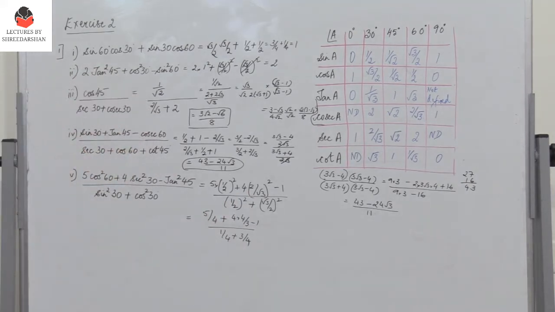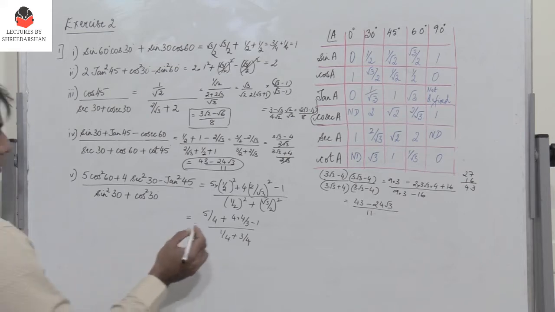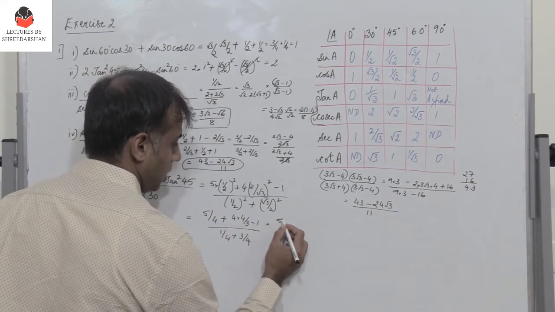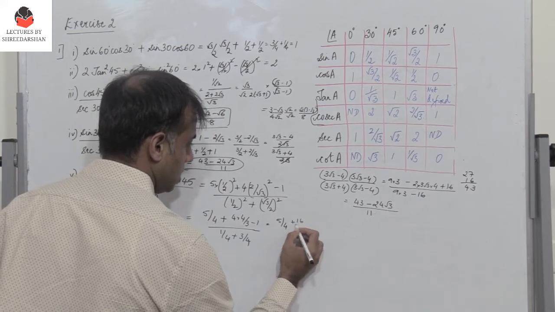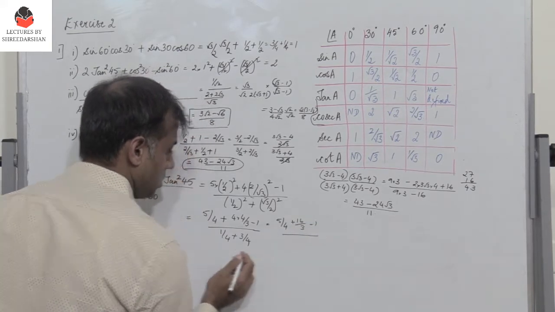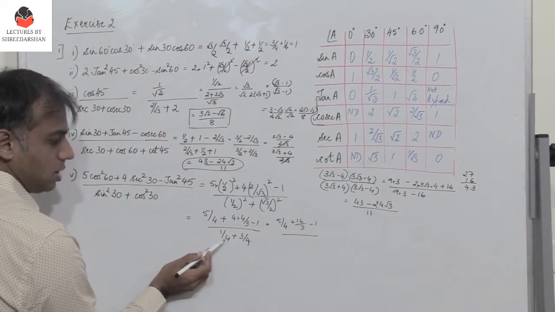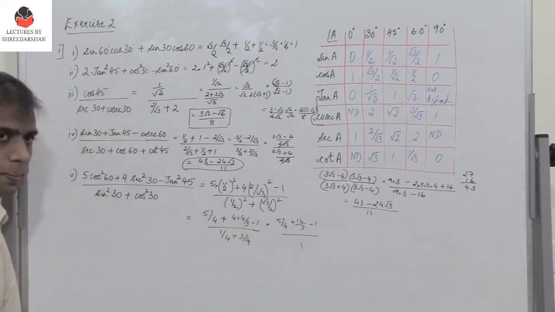So let's try to simplify this. Here we get 5 by 4 plus 16 by 3 minus 1. Of course 1 by 4 plus 3 by 4 is 4 by 4, which is 1.